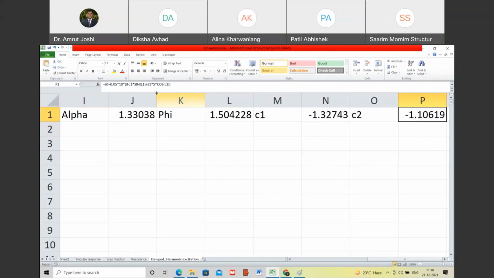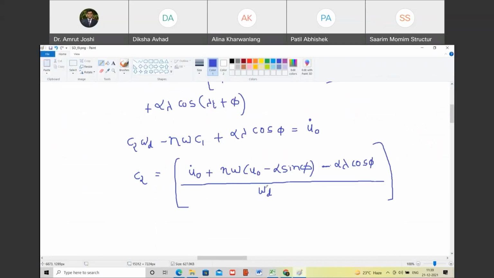Okay, so this denominator is now complete. Numerator is now complete. Divided by... correct. No, I'm just cross verifying. Is there any error? No. This divided by omega d.